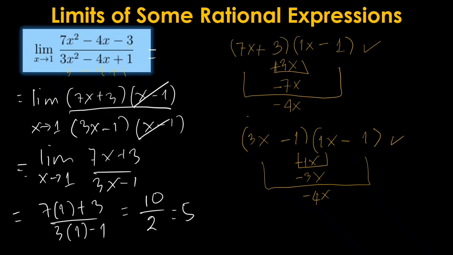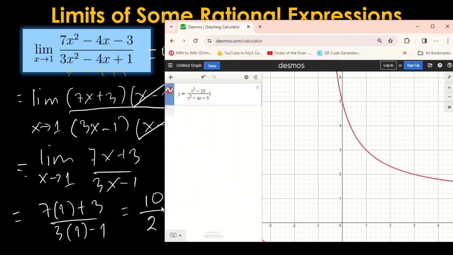So the limit of this expression is 5. We can check this using the calculator here. We have 7x squared minus 4x, then minus 3.